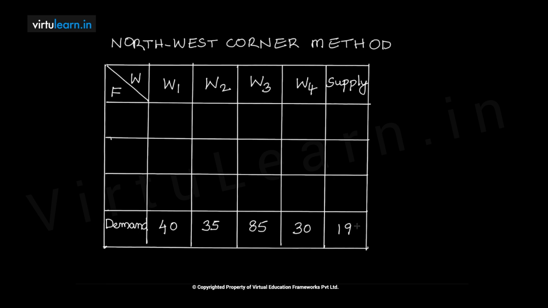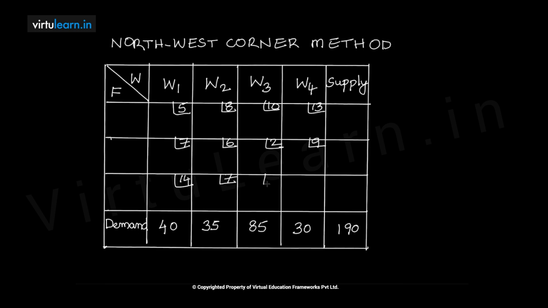And here in the cells, in the corner of each box, some values are there like this: 5, 8, 10, 13. These values are the cost of transportation for one unit from that corresponding factory to that warehouse.